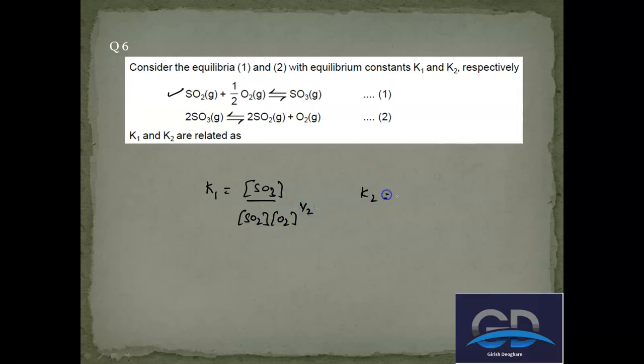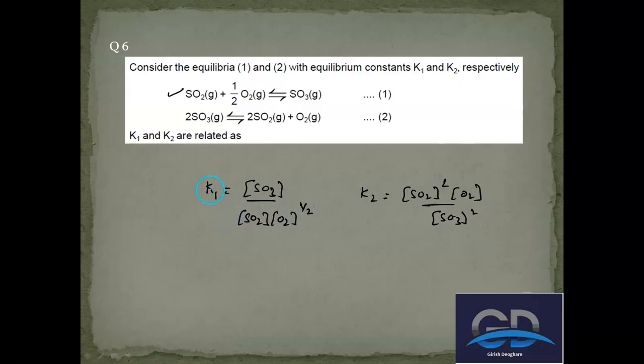And for the second reaction, it will be concentration of SO2 whole square into O2 upon concentration of SO3 whole square. So basically for any reaction, the equilibrium constant is the ratio of the active mass of the product over reactant as per how we are representing the reaction.